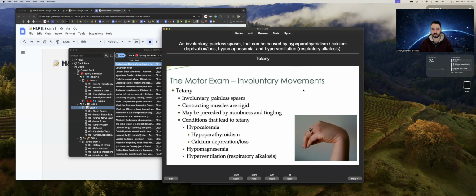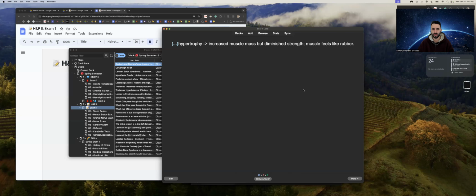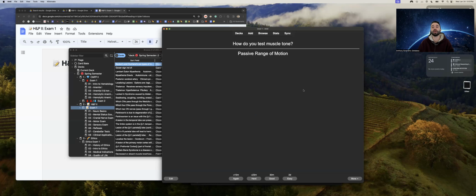That's pretty interesting. Cool. Blank hypertrophy, increased muscle mass, but diminished strength. Muscle feels like rubber. No idea. Pseudohypertrophy. That's interesting. How do you test muscle tone? Passive ROM? Let's go, baby.